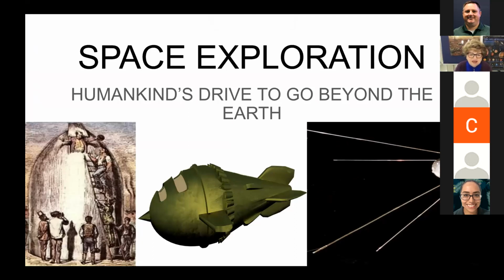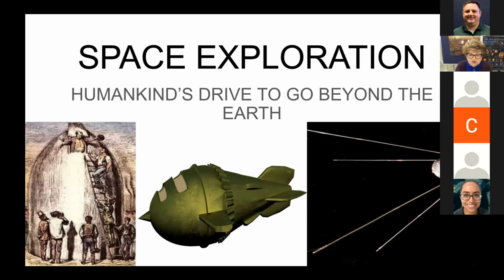It's a science fiction book, and the idea in it is to send this projectile, this big bullet-looking thing, to the moon with 3 astronauts in it. In the story, they dug a 900-foot deep pit and filled it with explosives, and the explosive material was called Columbiad. Keep that word in your mind, Columbiad.